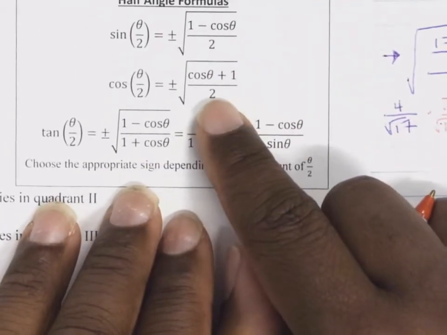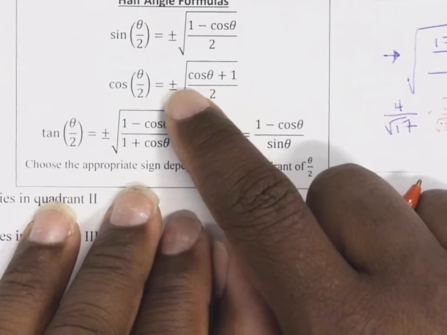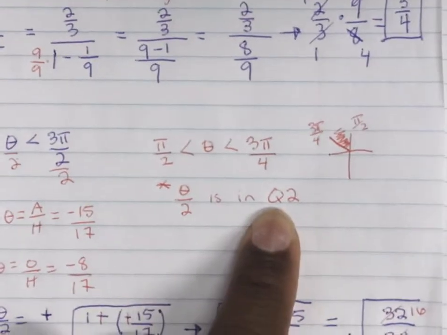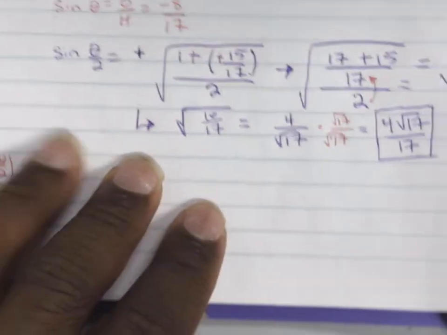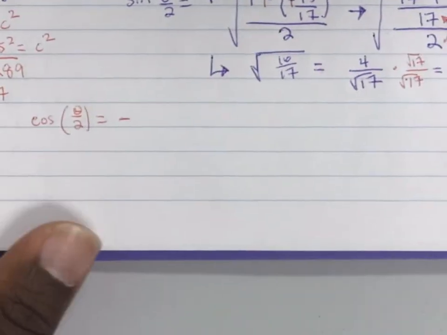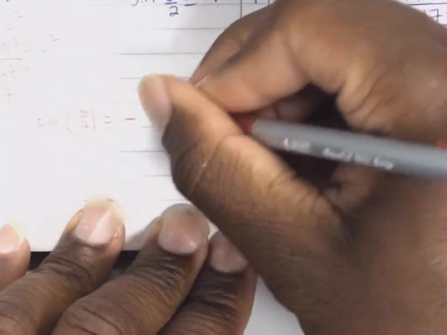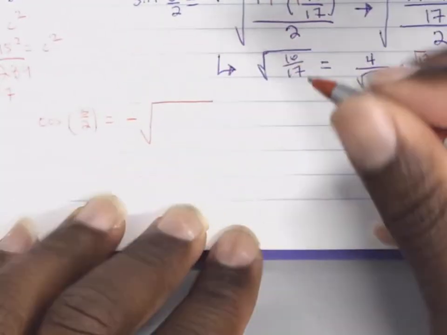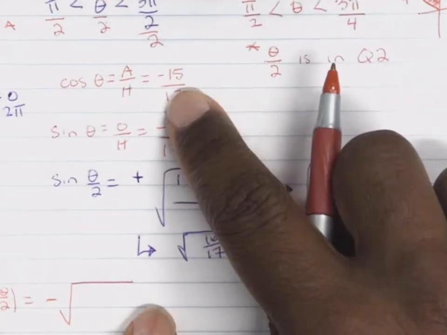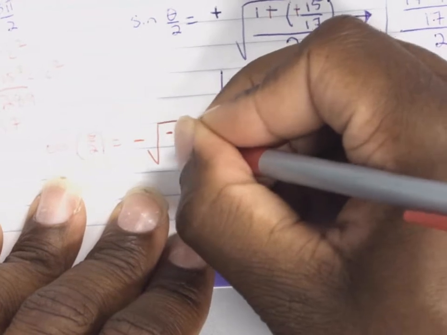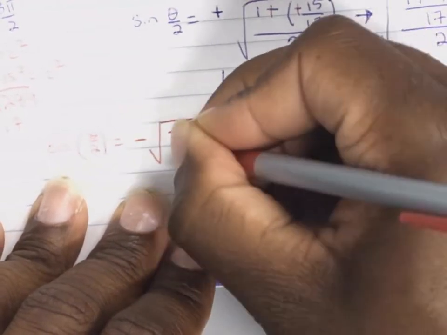So I got to choose my sign, positive or negative. Remember, my half angle is in the second quadrant. In the second quadrant, cosine is negative. So I'm going to choose to get a negative when I finish inside my radical. So I'll do the negative square root of cosine theta. Cosine is negative 15 over 17 again, plus 1 over 2.